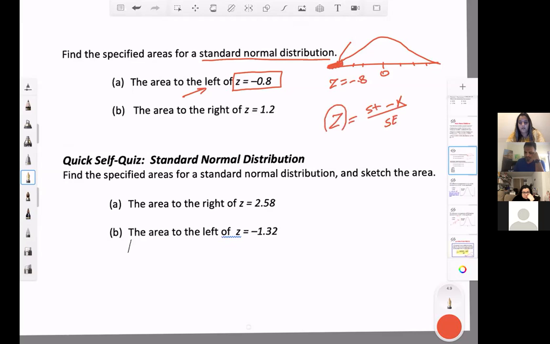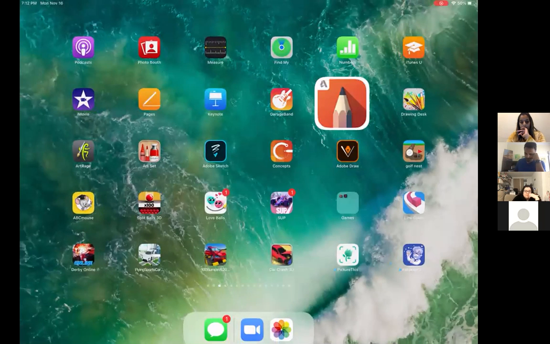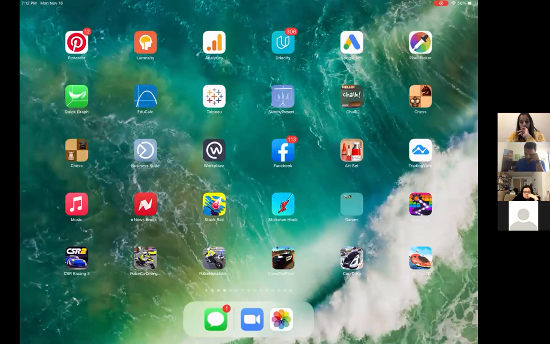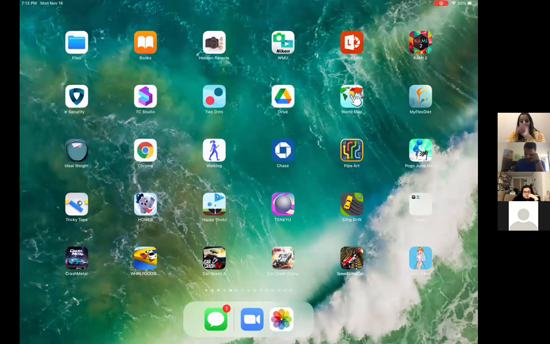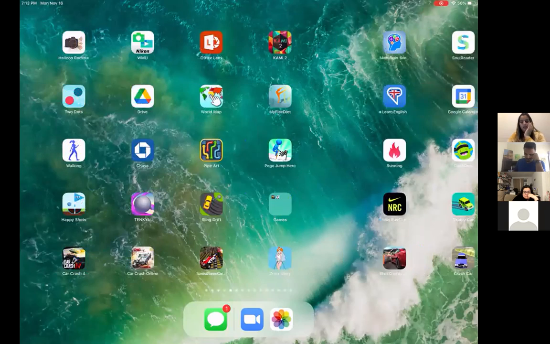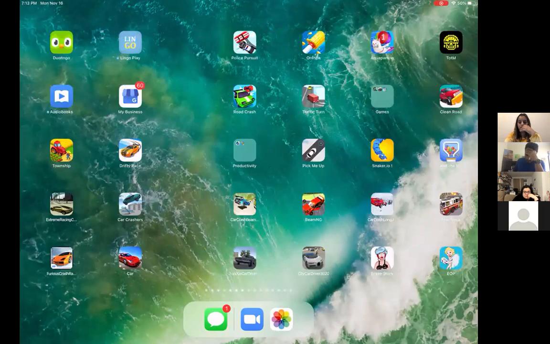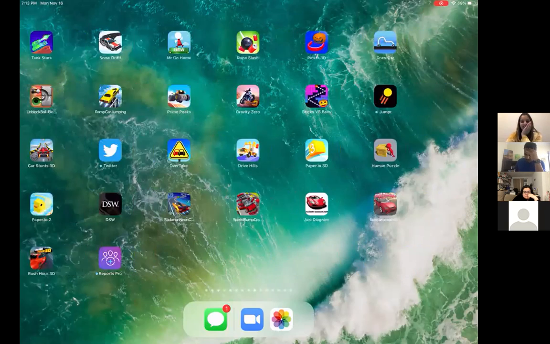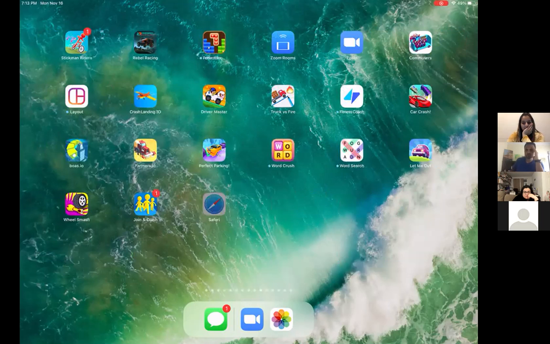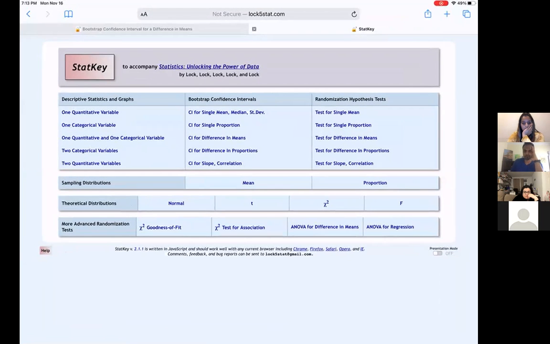But now we have the Z, correct? What we do, we go to the computer and plug in the Z. So you need to go to the StatKey.